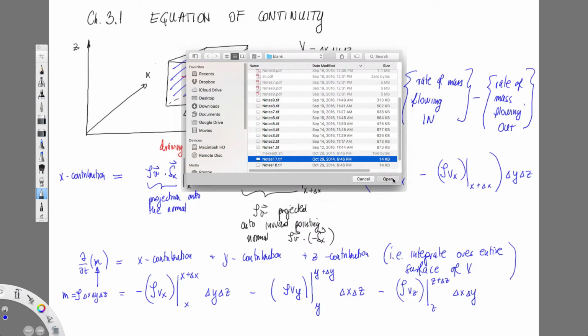Okay. So basically, I will have an example. So my equation of continuity is d rho dt plus divergence of rho v is equal to 0.